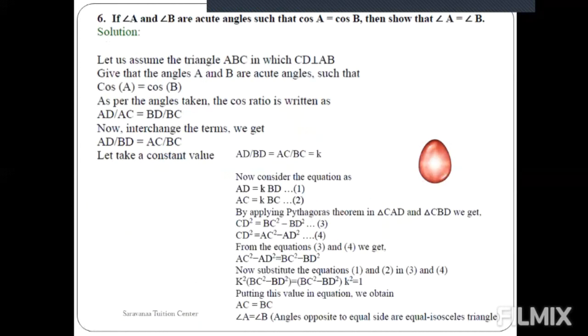Next, if angle A and angle B are acute angles such that cos A equals cos B, then show that angle A equals angle B. So let us assume a triangle ABC.